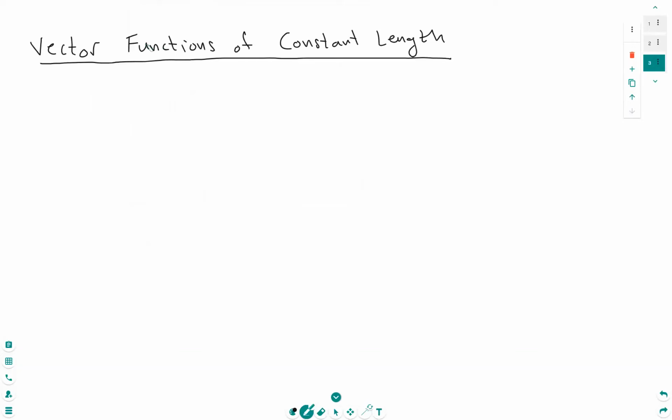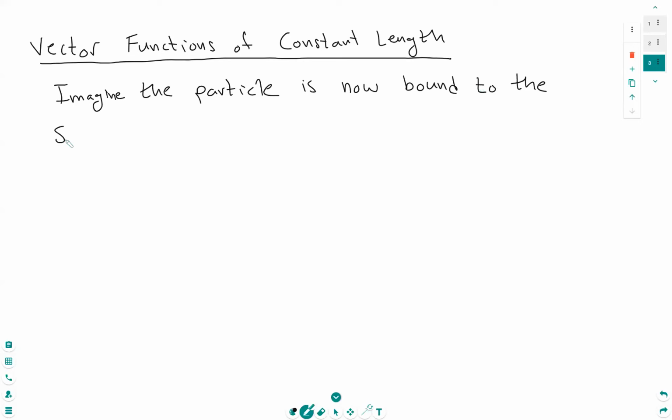So vector functions of constant length. Let's start by imagining the particle is now bound to the surface of a sphere.